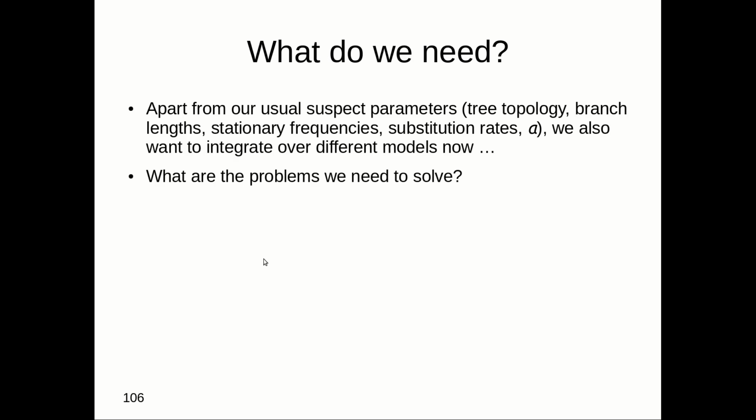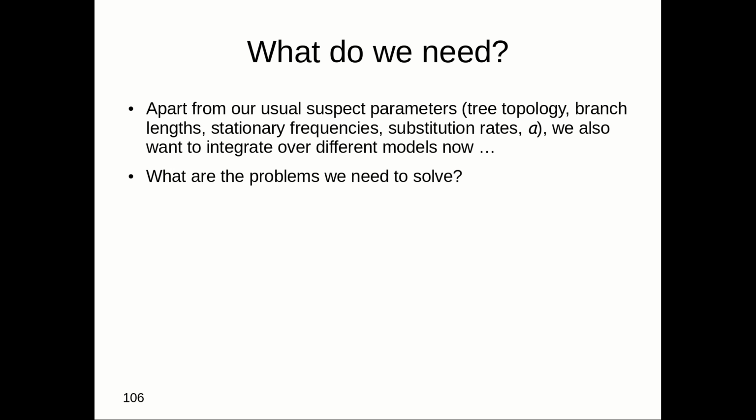Okay. So, if we want to use MCMC to also integrate over all those possible models, what do we actually need? Apart from our usual suspect parameters like tree topology, branch length, stationary frequencies, substitution rates, the alpha shape parameter, etc., we now also want to integrate over different models with a different number of free parameters.